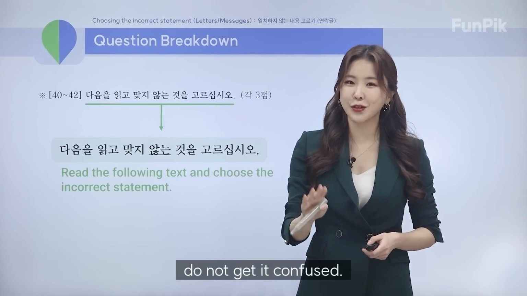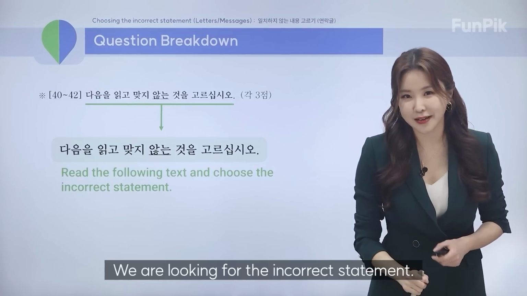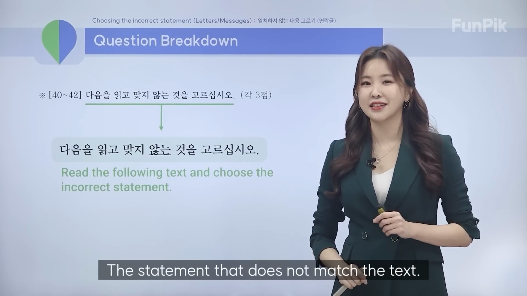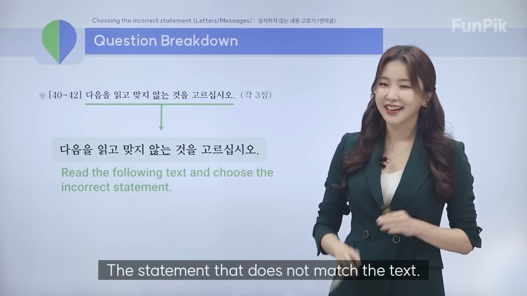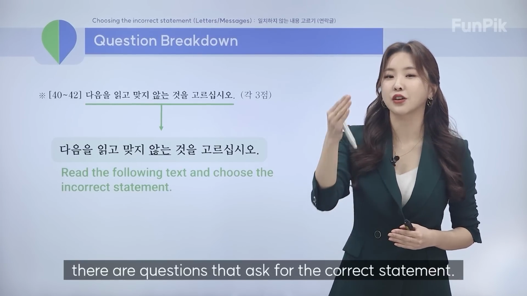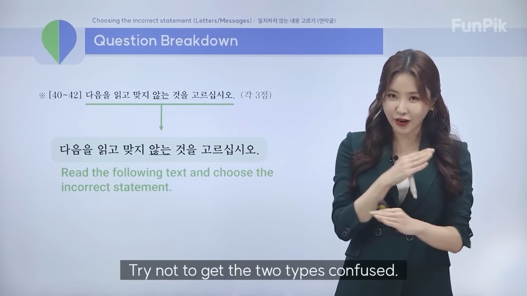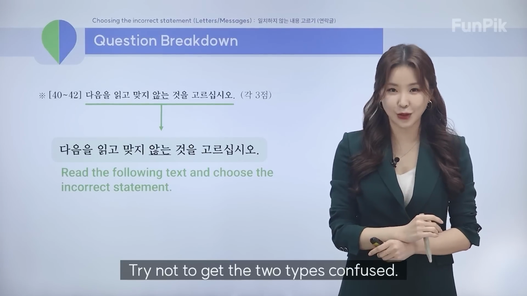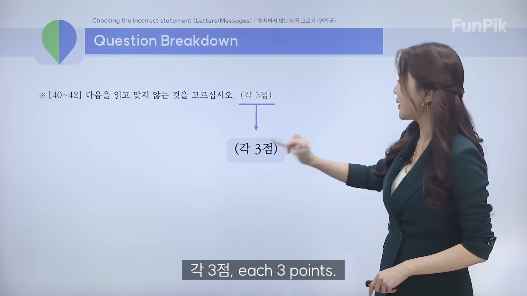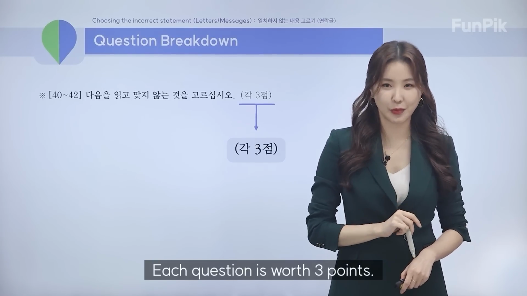Do not get it confused. We are looking for the incorrect statement, the statement that is false based on the text, the statement that does not match the text. And I keep saying this because in TOPIK 1, there are questions that will ask for the correct statement. Try not to get the 2 types confused. Continuing on, 각 3점, each 3 points. Each question is worth 3 points.